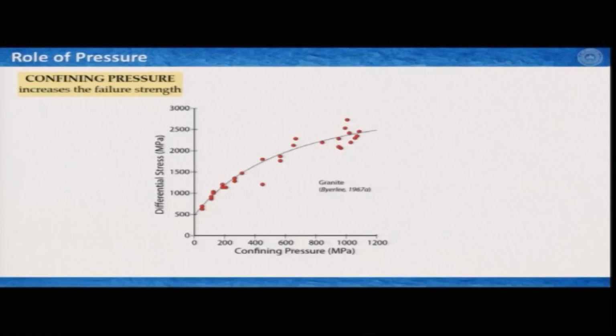Now, we can see it in a different way. This is another experiment, on granite, performed by Byerlee. On this side again we have differential stress, and on this side we have confining pressure, and we see that the strength of the rocks increased gradually. These were performed at different experimental conditions, up to close to 1000 megapascals, and as low as maybe 40 or 60 megapascals.